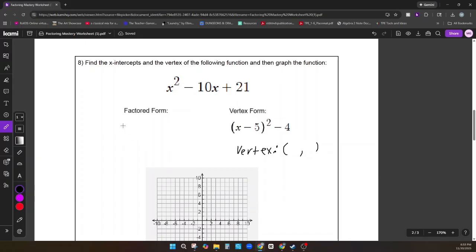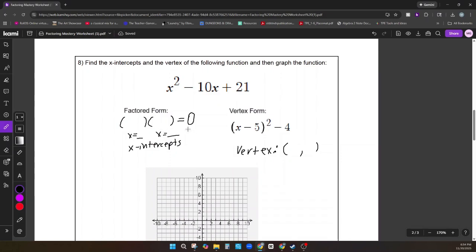Secondly, your factored form, I need my two parentheses from factoring my main expression here. Once you get your factored form, what you need to do is set these parentheses equal to 0, which will then get you your x-intercepts. So when you solve for 0, you should get x equals some number, and those will be your x-intercepts.